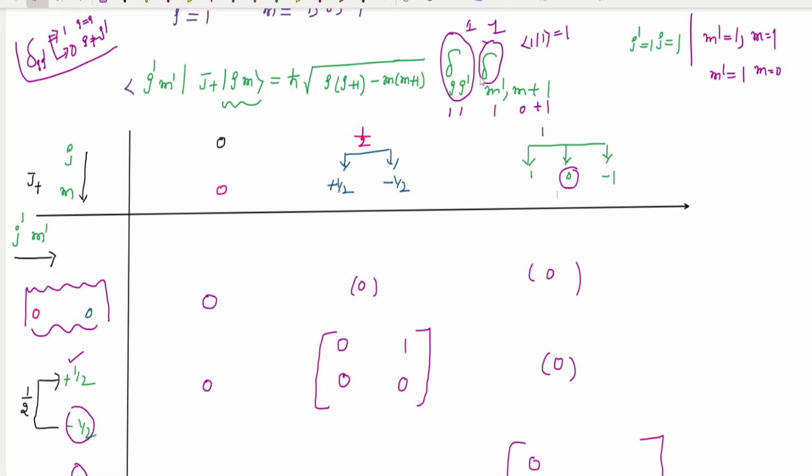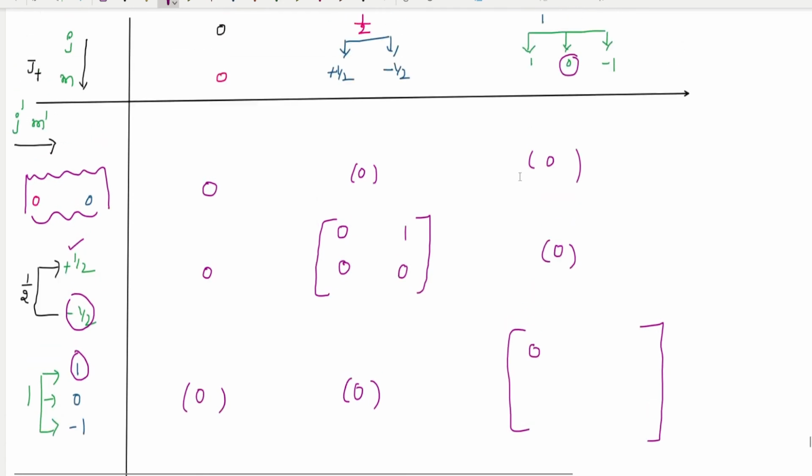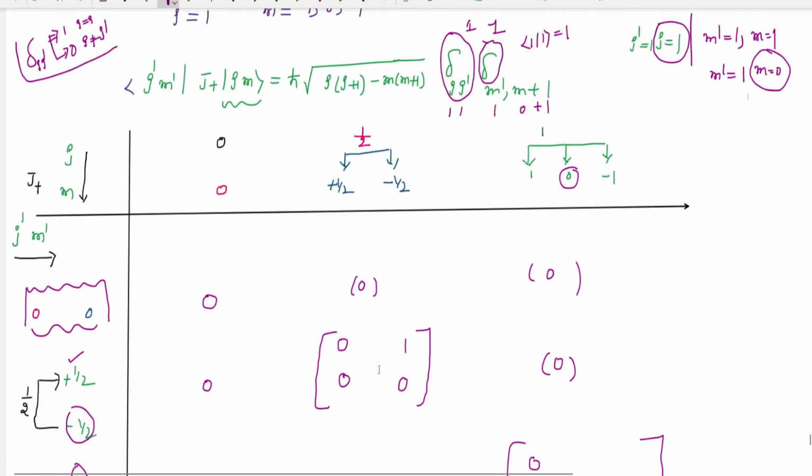Then we can use only j and m, not the j prime and m prime values. This is j, this condition only, and this is m. If we use 1, 1, this is 0. What do you get here? Root 2. Please remember I'm not using h cross here.